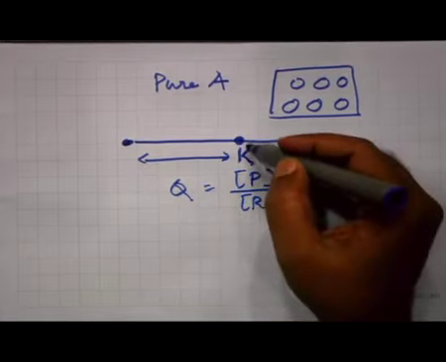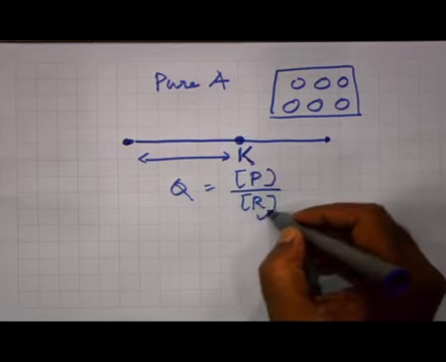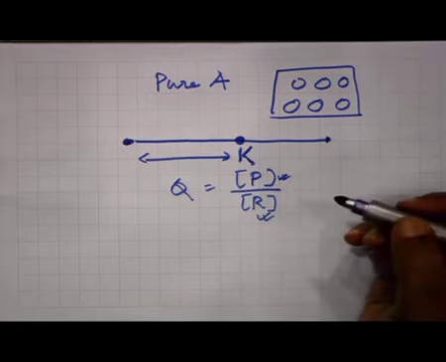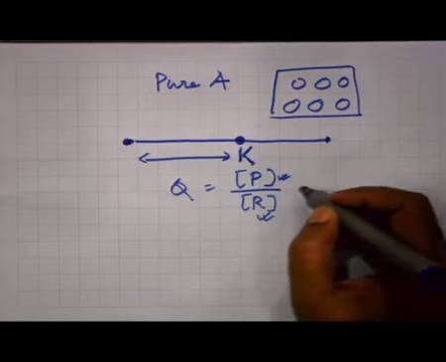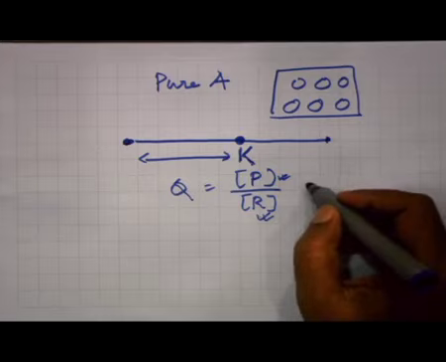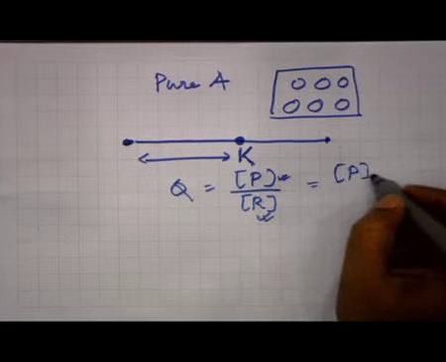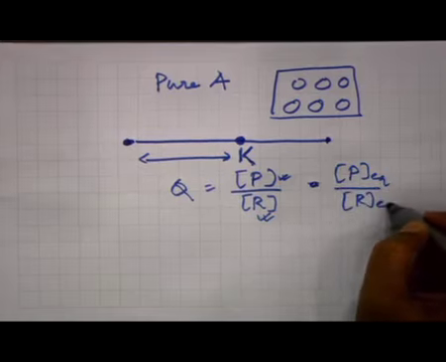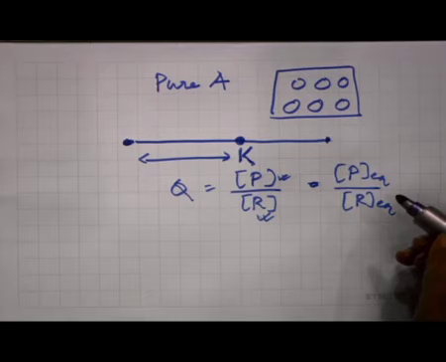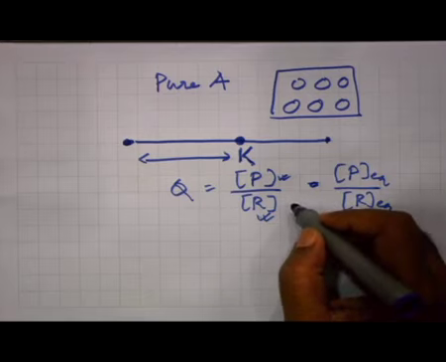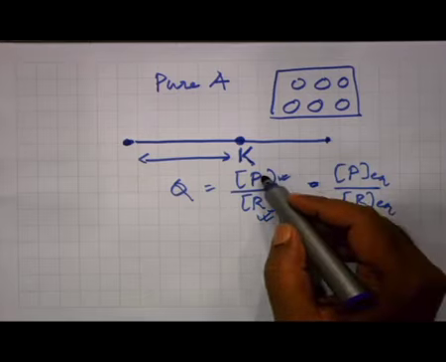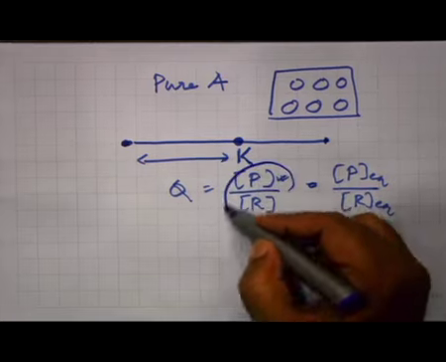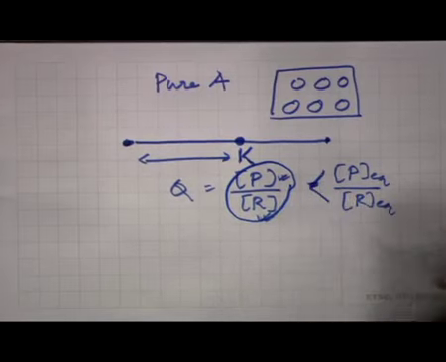Before reaching equilibrium, your reactant is more in number, while product is less. In this case, if I compare Q with P equilibrium by R equilibrium, since product is less and reactant is high, this quantity is smaller than this.